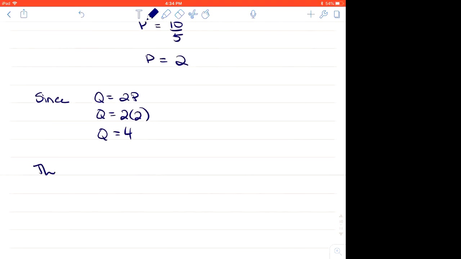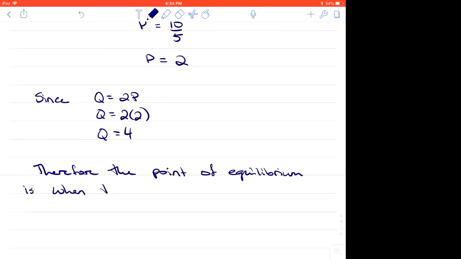So therefore, the point of equilibrium is when the price is 2 and the quantity is 4.